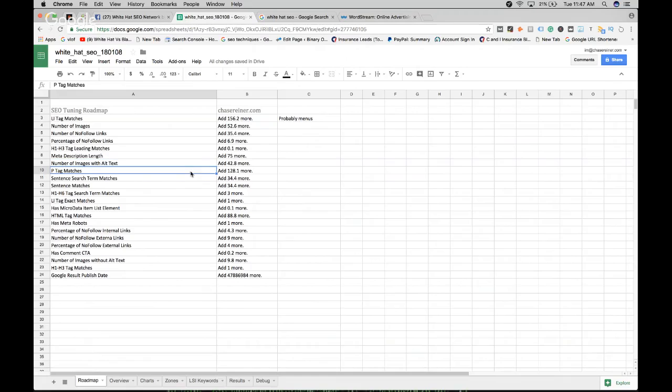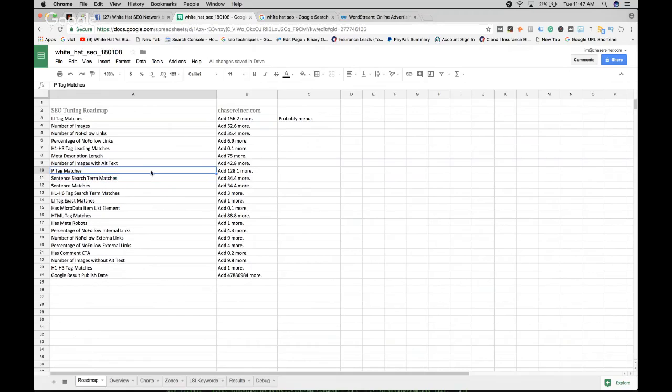Right. P tag matches. So you should be marking up your paragraphs and your long form content, and that should solve itself if you're not already doing that. Wait, what do you mean? Shouldn't they already be in tags? Well, that's the idea. If your long form content isn't in paragraph tags, put it in paragraph tags and that should be solved.